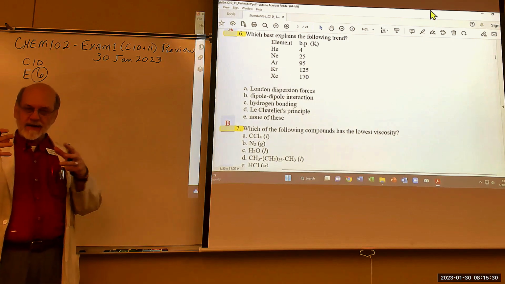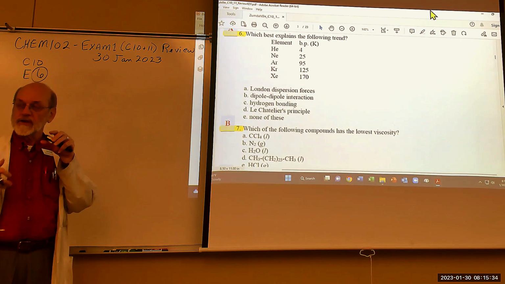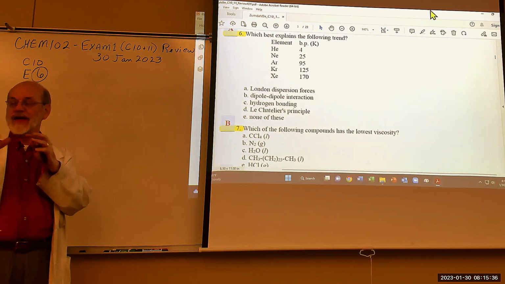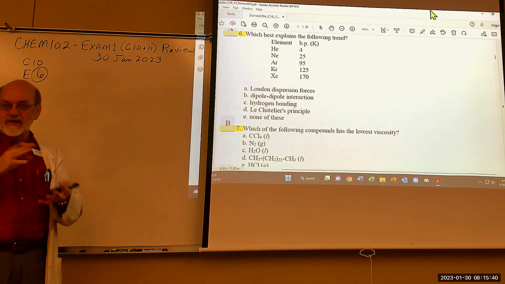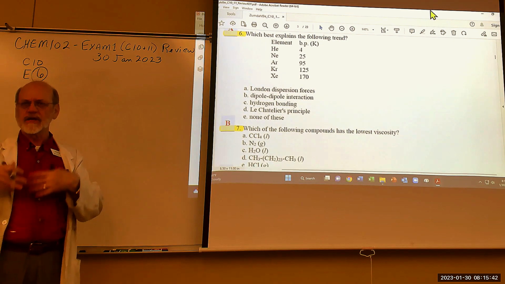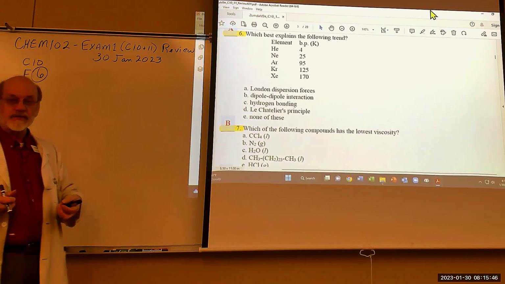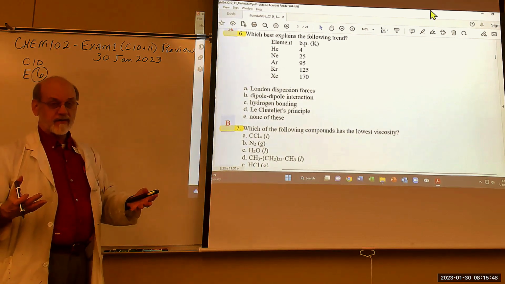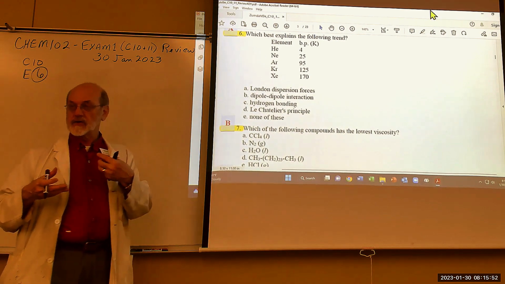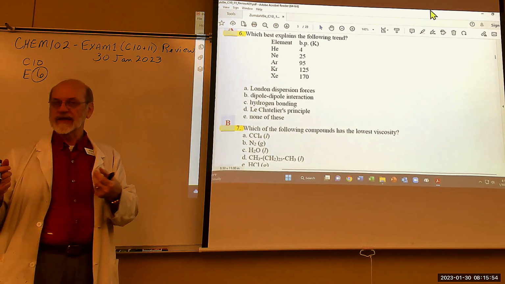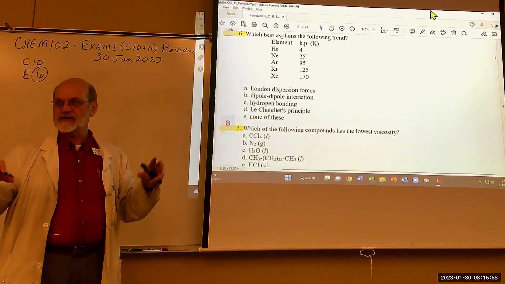And the bigger the atom, the more probability you have of redistributing electron density around that atom from one side to the other. The electrons have more space to move around. So bigger atoms and bigger molecules, for that matter, that are nonpolar will have higher boiling points because you get that instantaneous movement of electrons around a larger space.